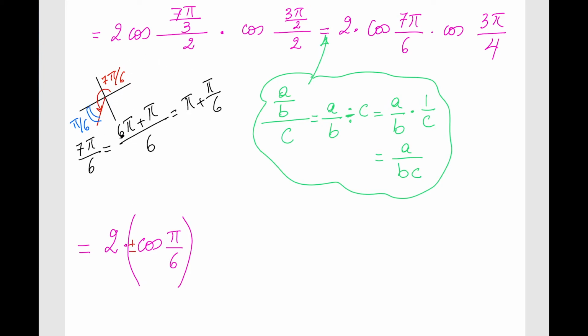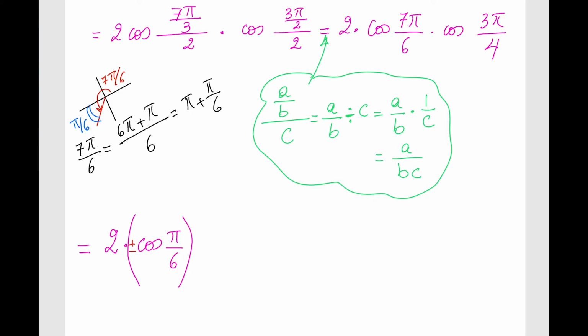And the plus or minus is going to be determined by where this guy lives and what the sign of the trig function is on that angle. Well, 7 pi over 6 lives in the third quadrant. Cosine of an angle that lives in the third quadrant is going to be negative, right? Because cosine is the first coordinate, so it's going to be negative.